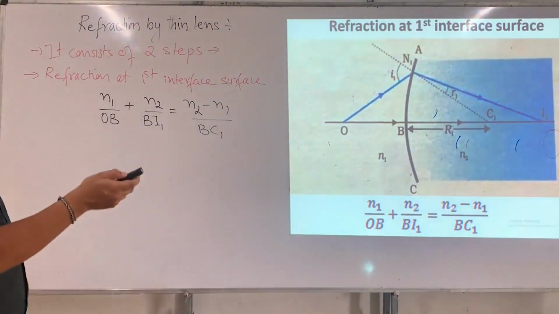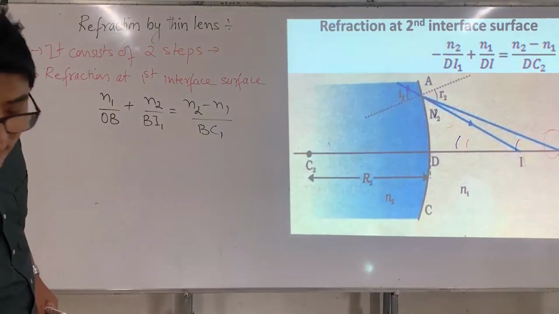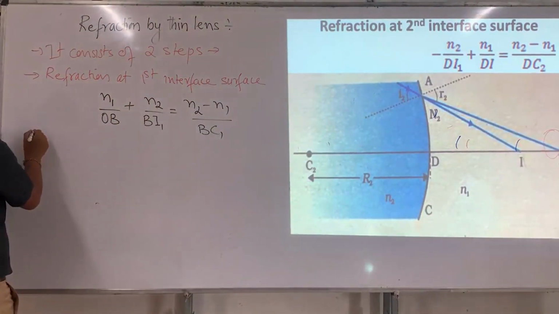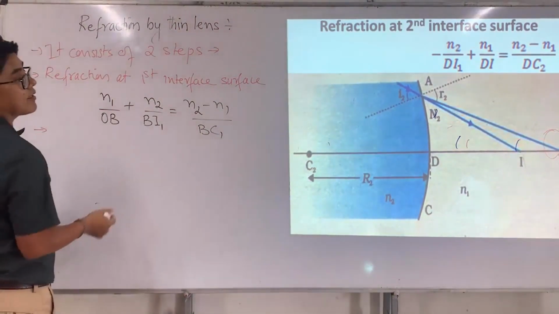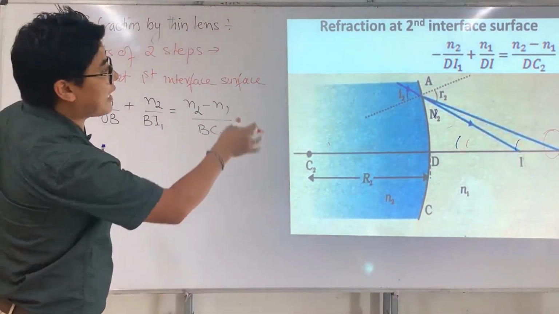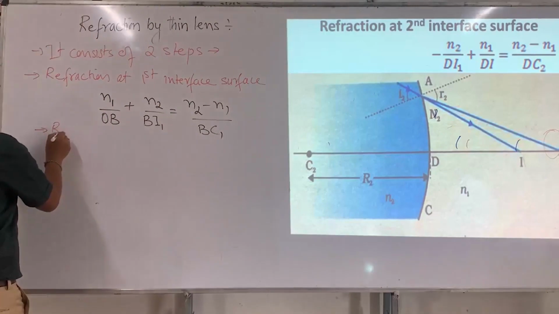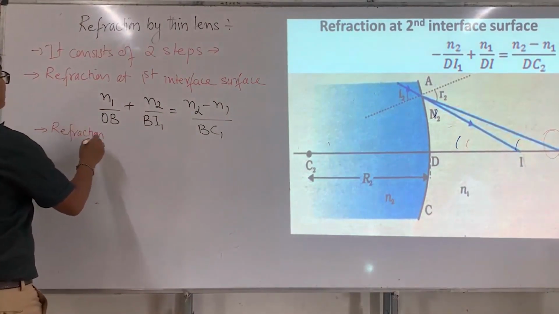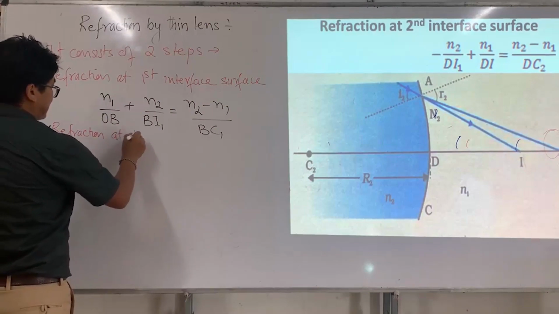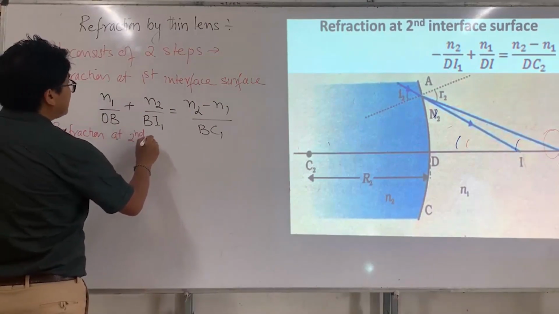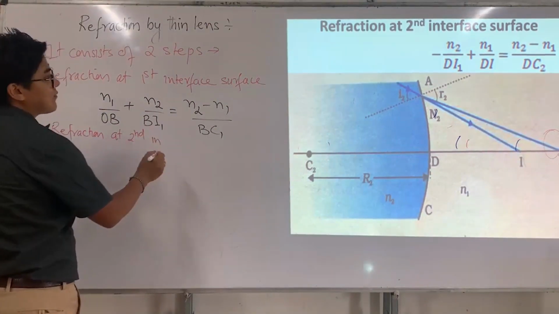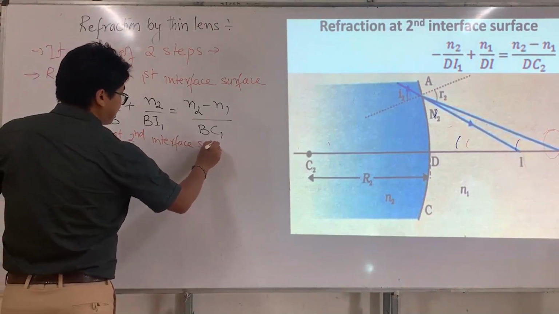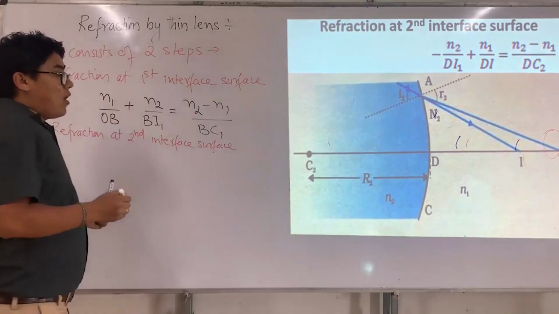Now refraction at the second surface. For this, you need a little explanation. Refraction at the second interface surface. Look at here.